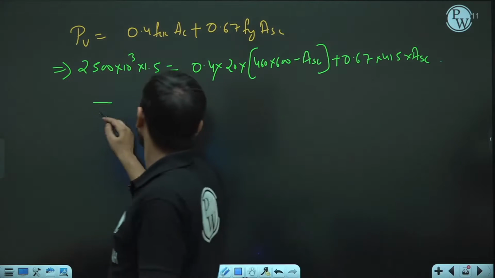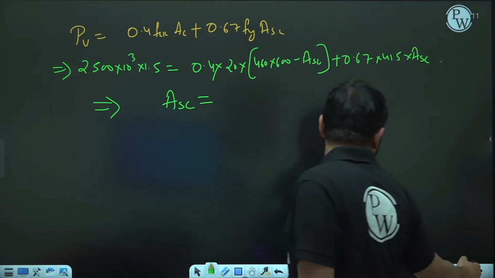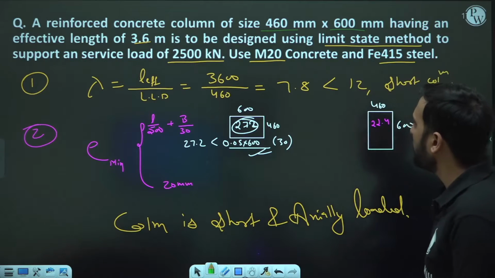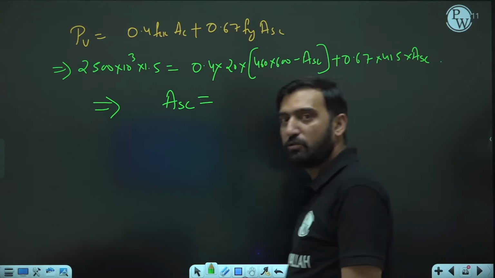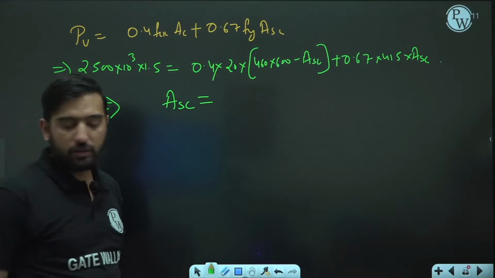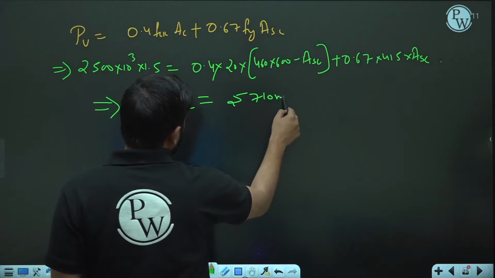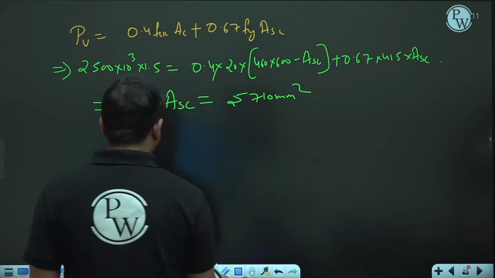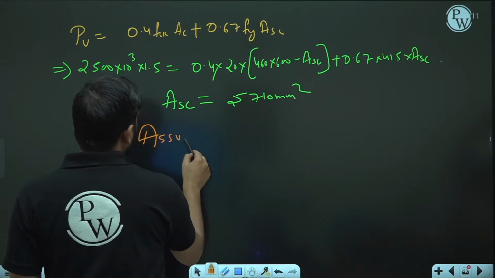So dear friends, what is Asc equal to? This we can calculate. It is coming out to be 5710 mm square. Now assume 25 mm diameter.